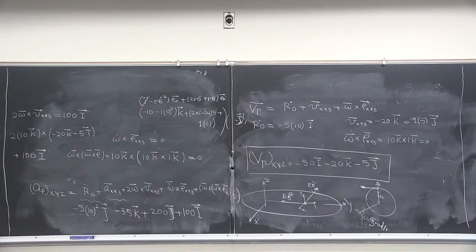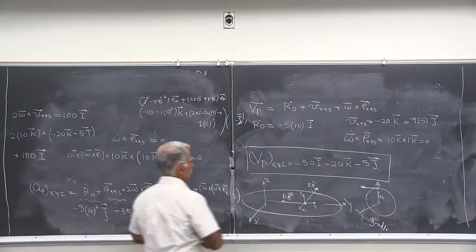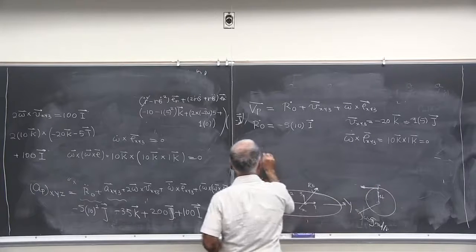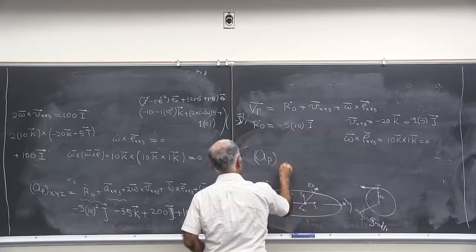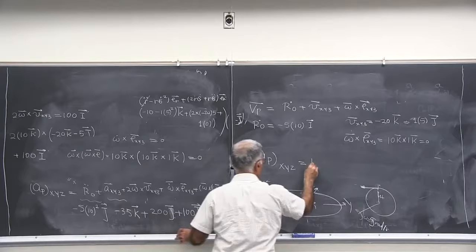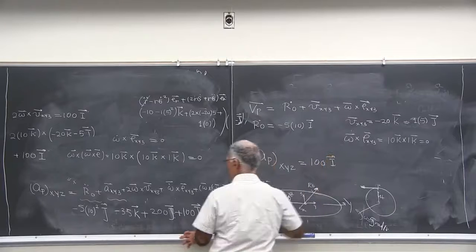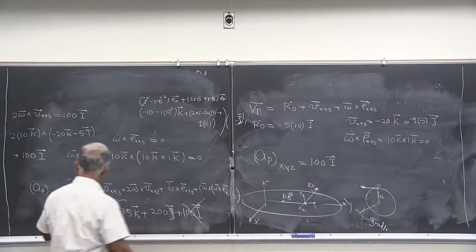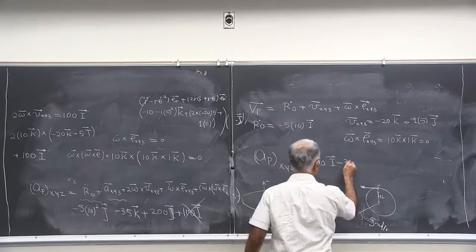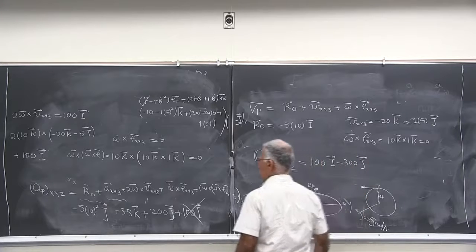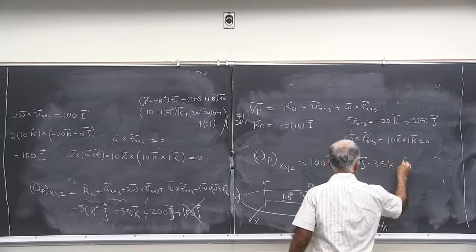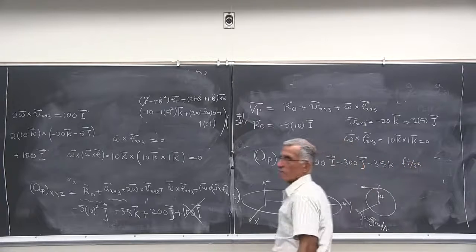So you can put them together, and you can say acceleration of point P with respect to the main reference frame is equal to minus 500 plus 100i, and minus 500 plus 200 becomes minus 300j, plus minus 35k feet per second square.